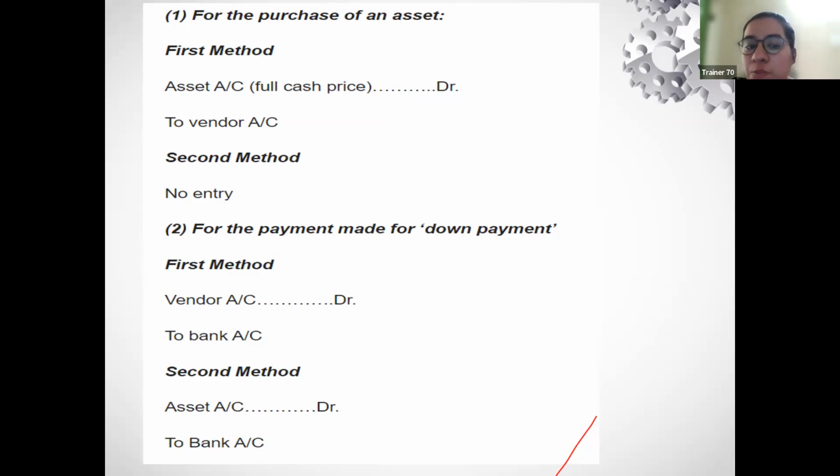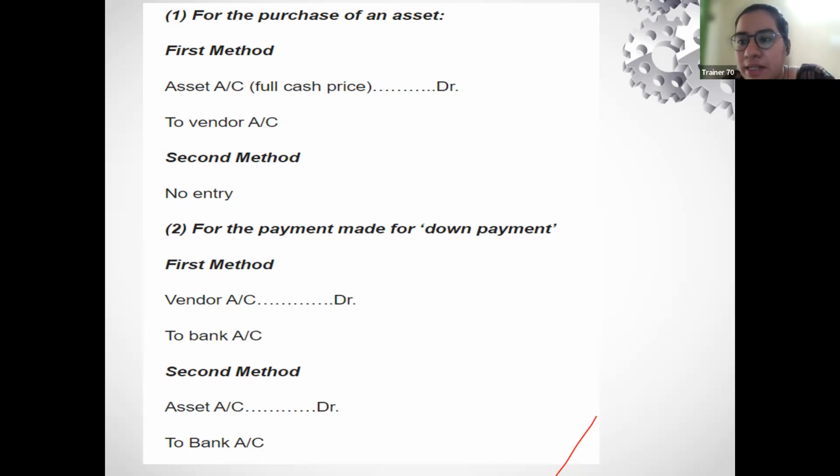With respect to the second method, you are not recording at the full cash price; you are recording in your books whatever installment you are paying. So you have not made any payment till now. You have only entered the agreement and taken possession of the goods.